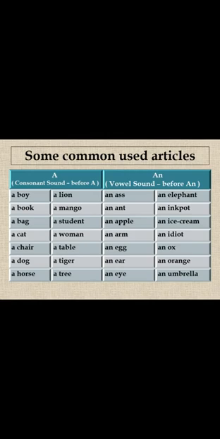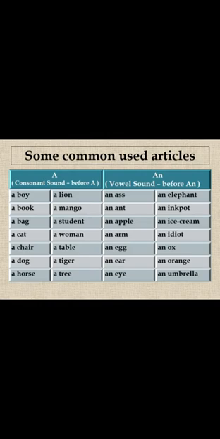So let's check. If the first letter of the word is a vowel and it sounds like u or wa, then there will be a instead of n. Otherwise, if the first letter is a vowel, that means a, e, i, o, u, there will be n.